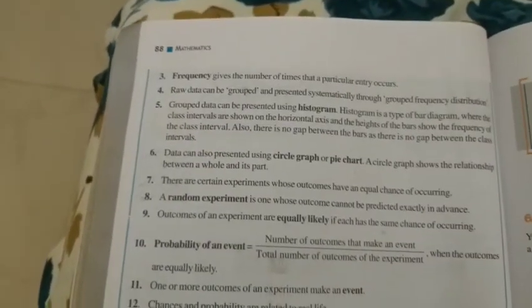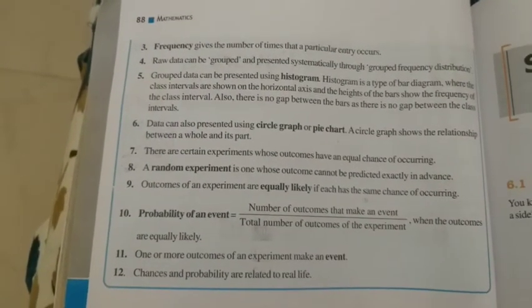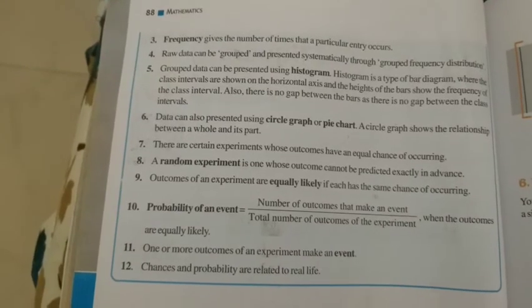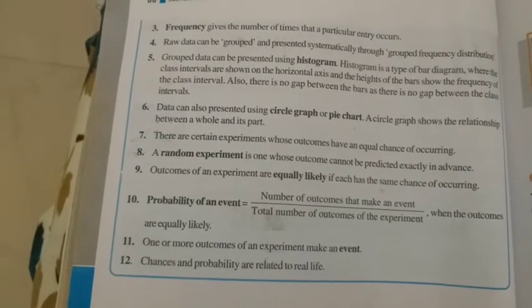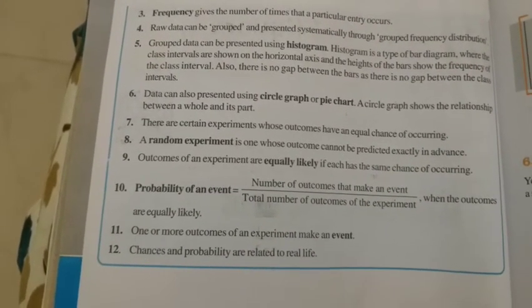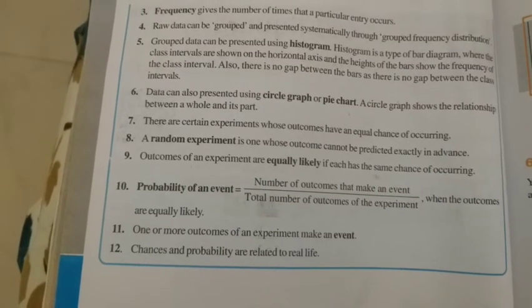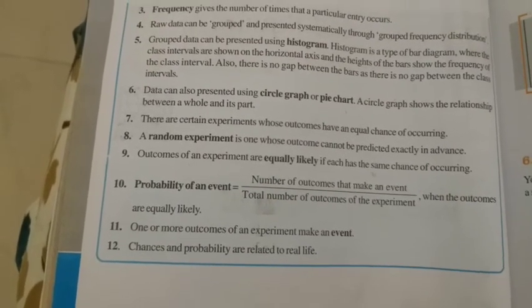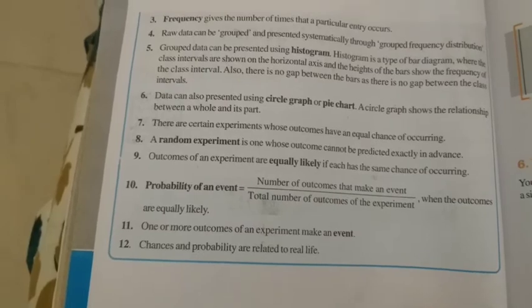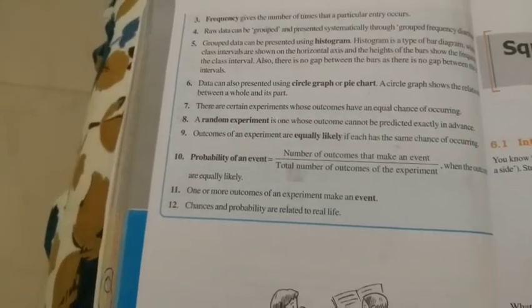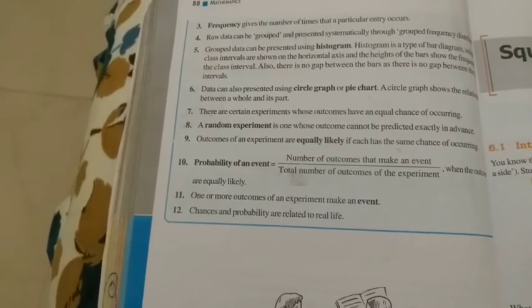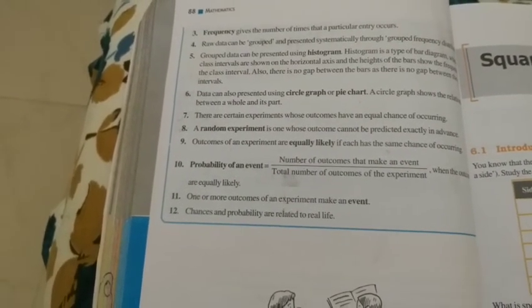And if you turn the page, on page number 88, they have given the definitions of frequency, histogram, grouped data, pie chart, equally likely outcome, probability of an event, and all. Please go through this. This completes the chapter. From tomorrow, we'll start square and square roots.